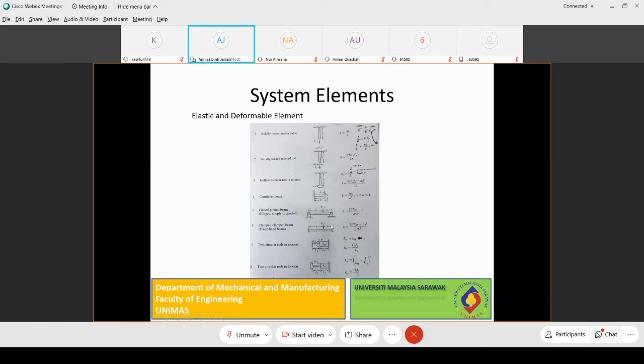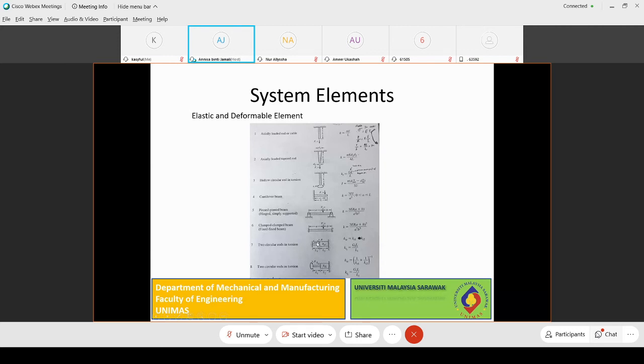Then we have different structures, which are pin beam, given a different value of K, and clamp beam. Clamp means fixed at two ends here. Okay, this one only pin. Two circular rods in torsion. Okay, this one attached together. So the value would be this. You can see the example here. The value of KTE here would be, okay, the addition here, we call the equation that I have defined just now.